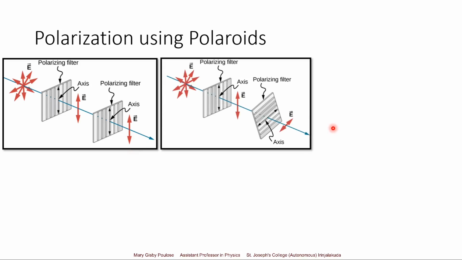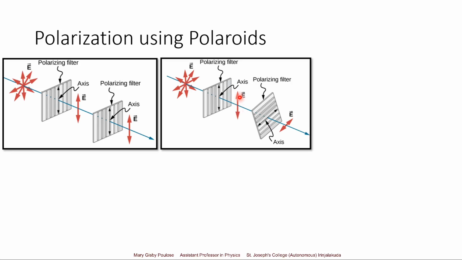Now, if we tilt the second polarizing filter or second Polaroid, here it is called the analyzer because it analyzes the incoming wave. If we tilt it at an angle theta, the intensity of emergent light will decrease because it will only allow that component of electric vector that is parallel to this transmission axis, right?